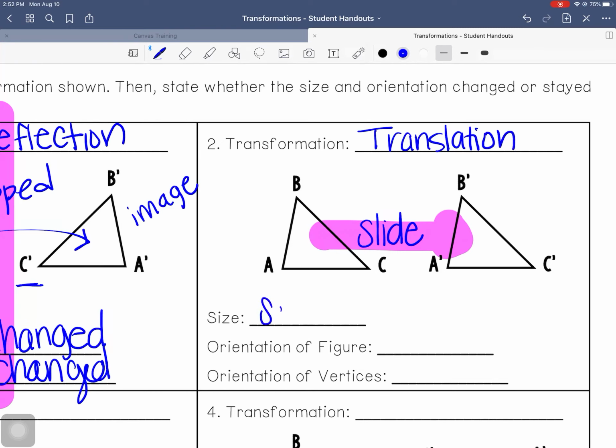The size looks the same to me. Orientation. It looks like the C is on the right side in both triangles, so that would be the same again. And last, the orientation of the vertices. They look the same too. And guys, what that means is you go from A to B to C. You still go from A to B to C. That's why it stayed the same.